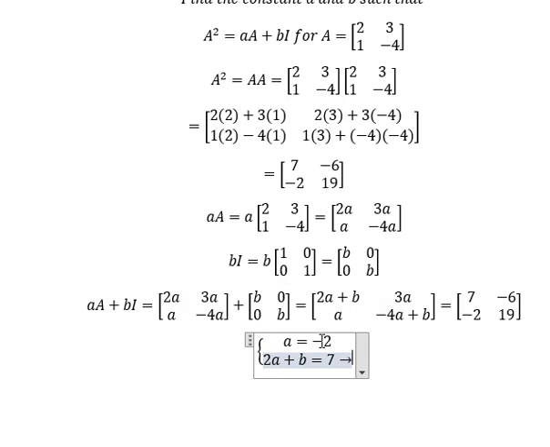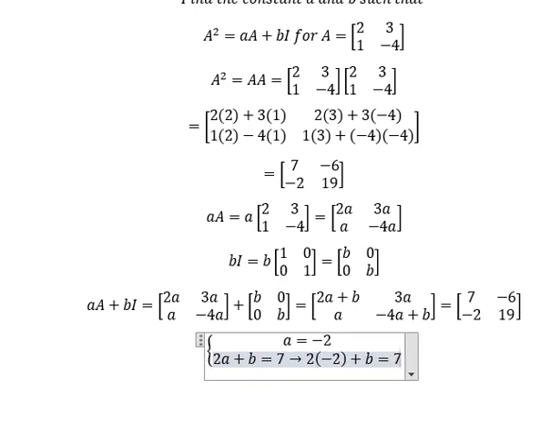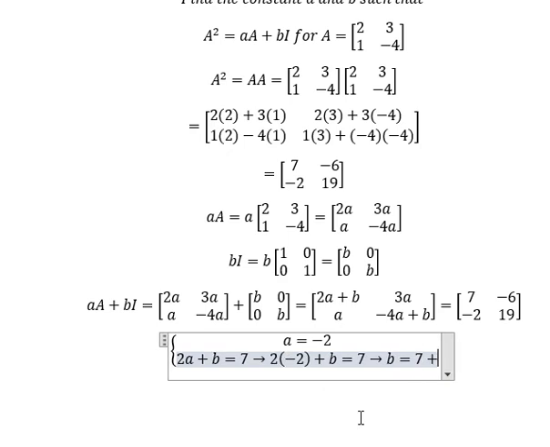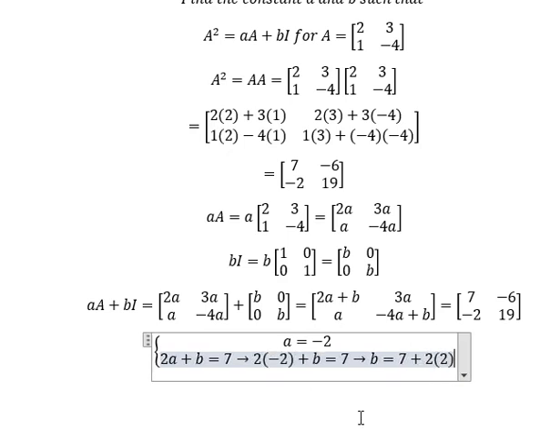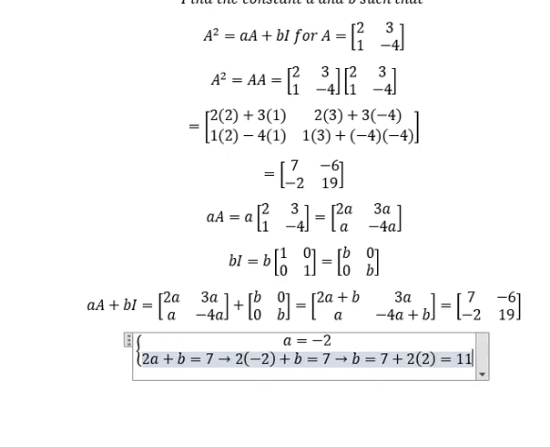Because we have a equals negative number 2, so I will put this one going here. So we have number 7 plus 2 multiplied by 2. And we have 11.